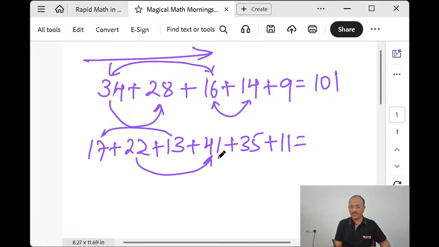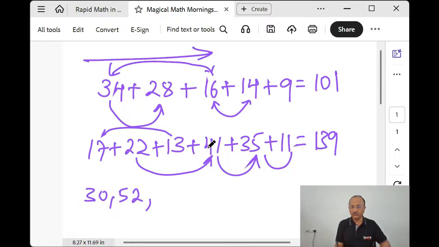One means 93. Then 35 means I will add 30, 123 plus 5, 128, 138, and 139 is the answer. How do I think them in the steps? I will tell you. 30, 52, 93.